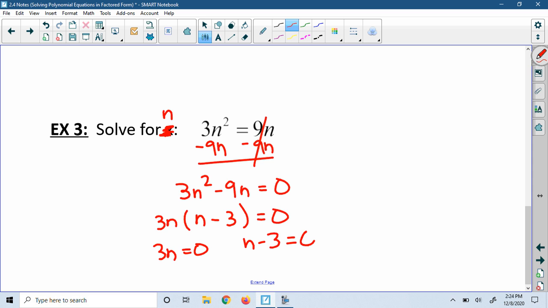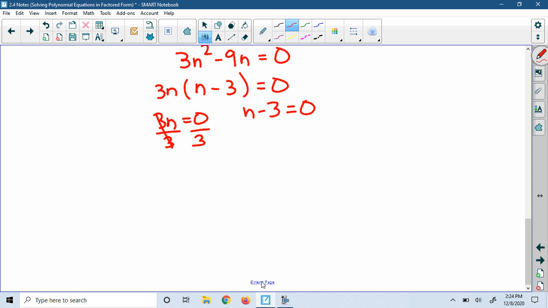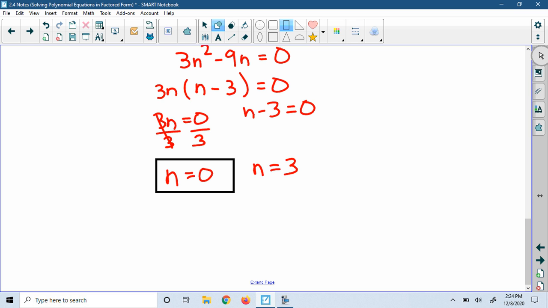And I know a lot of you can do these steps in your head. On the notes, I'll still write out kind of every little step though. So n is going to equal 0, or n could also equal 3. Those are your two answers.